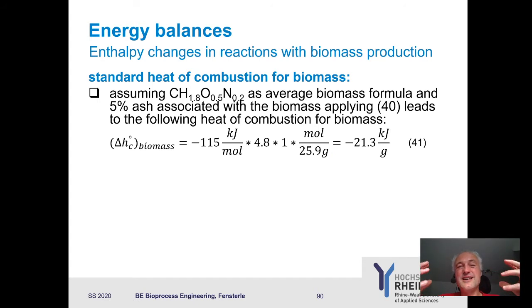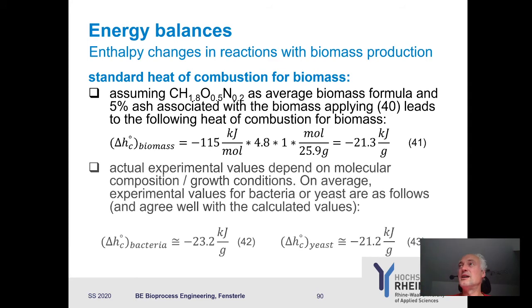But of course, again, a formula of biomass with respect to chemical composition has no real relation to chemistry. We can of course also measure it. It depends on the molecular composition and growth condition, and this will change this value too. So this is an average formula.